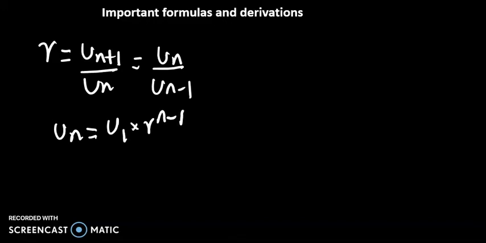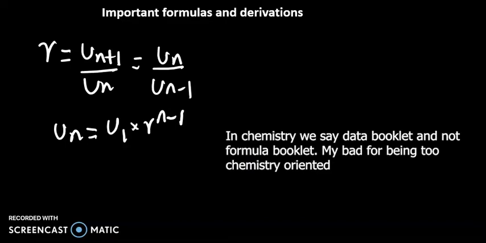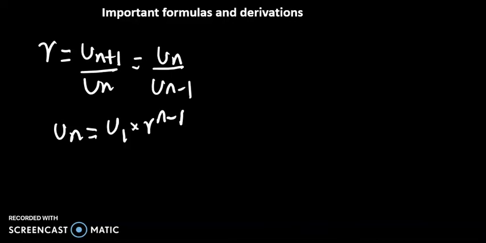You don't need to cram this in your head. It's there in the data booklet for IB SL students, and I'm sure HL too. So these are the formulas we need.